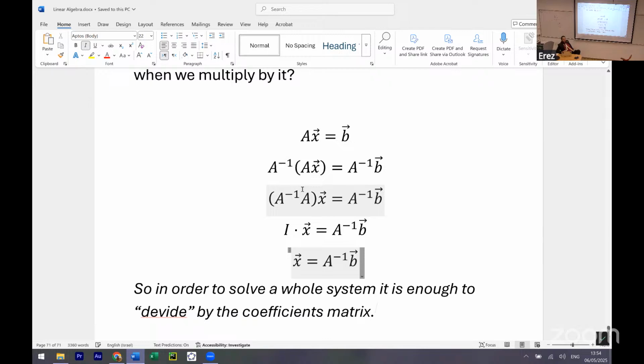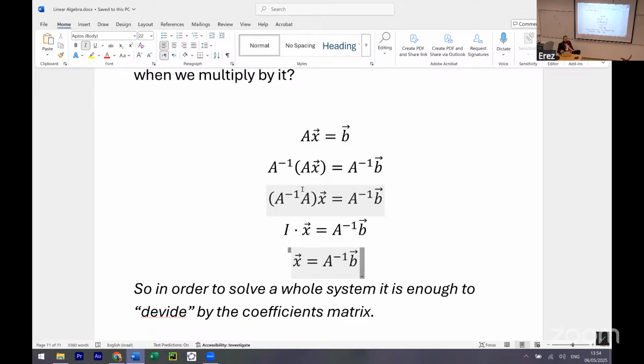So what I'm saying is that the whole system of equations is basically like one equation. I just need to divide by the coefficient of the variable. But here it's a matrix. Okay, so if it's possible, it's great.